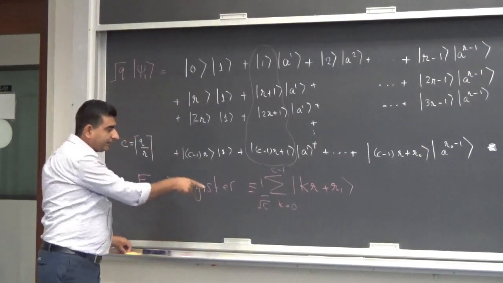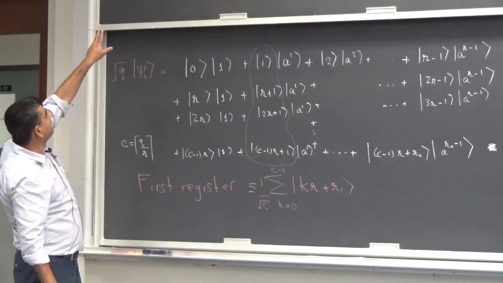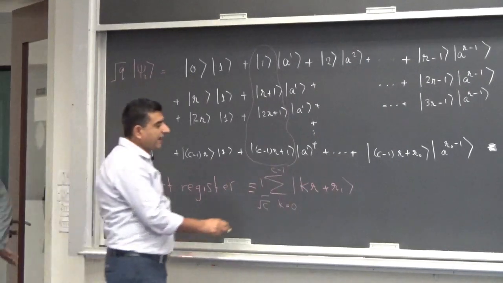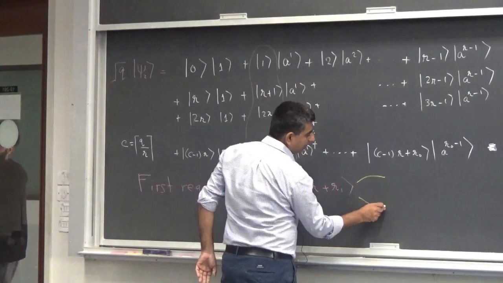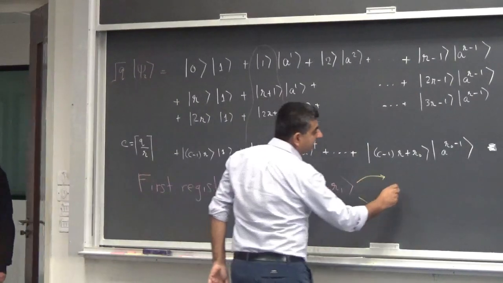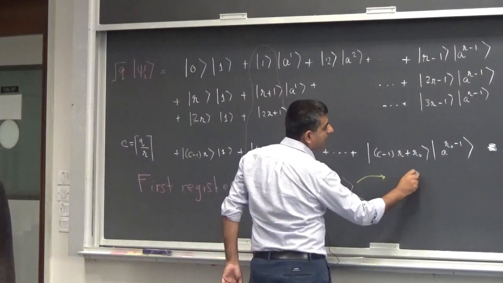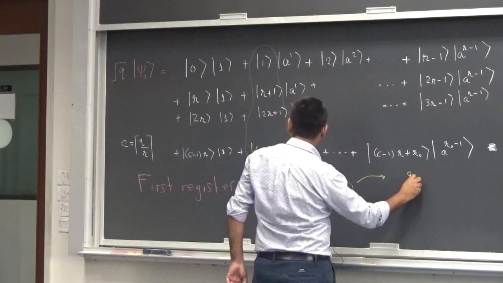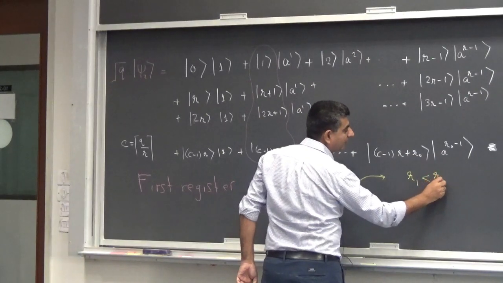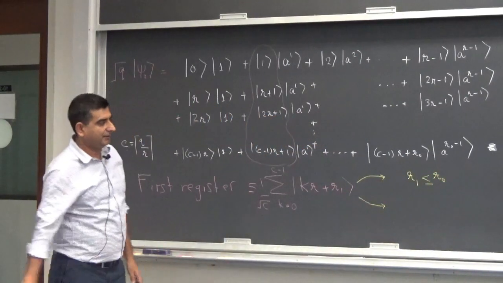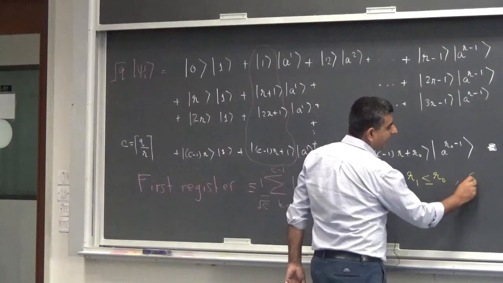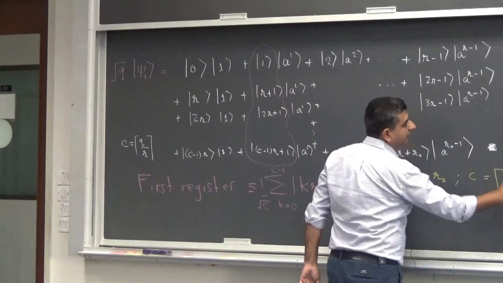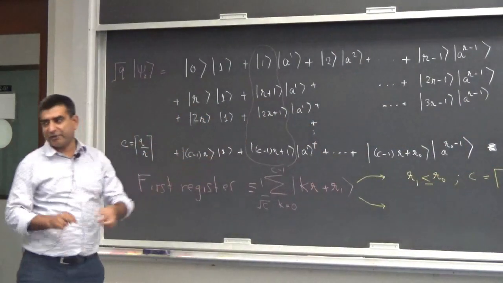And now I need to define my c. Previously I defined my c as the ceiling. Now I can define my c in two fashions. If my r1 is less than r0 or equal to r0, then my c is defined as the ceiling of the fraction q over r, because I then have to take into account the last row as well.